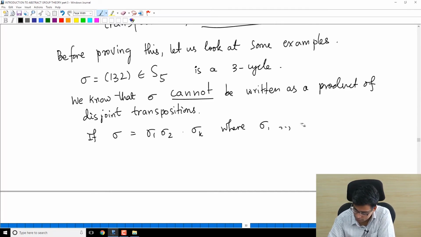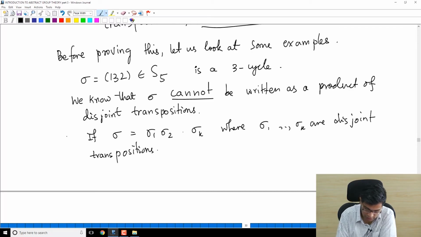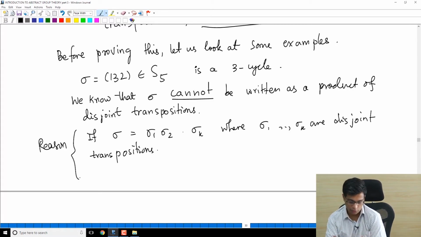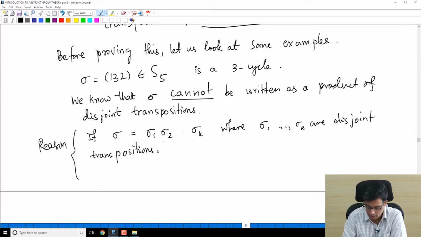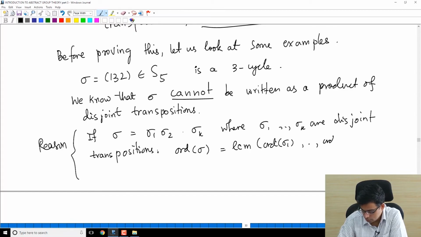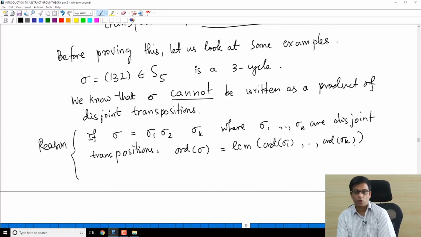where sigma 1 to sigma k are disjoint transpositions. The reason why we can't write sigma as a product of disjoint transpositions: if you can, then because it's a product of disjoint cycles, the order of sigma will be the LCM of the order of sigma 1, order of sigma 2, up to order of sigma k.